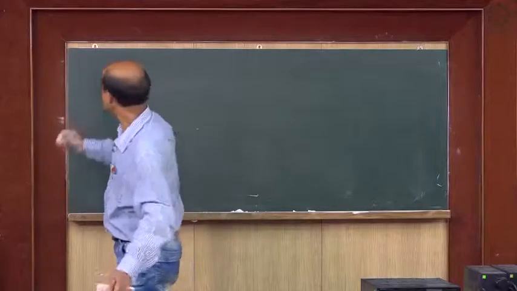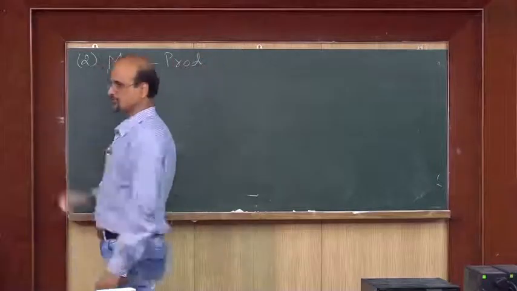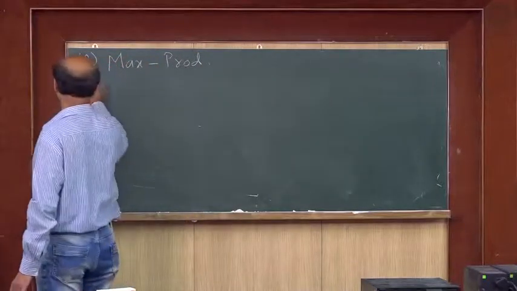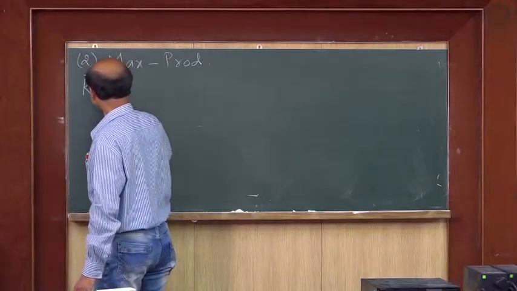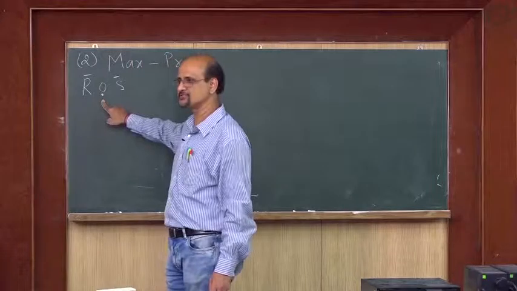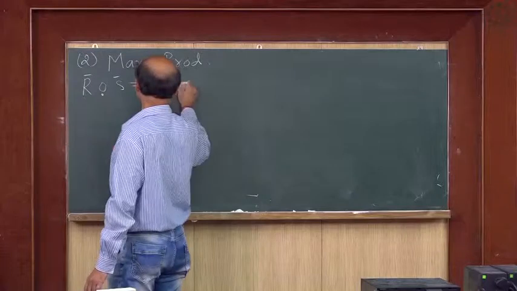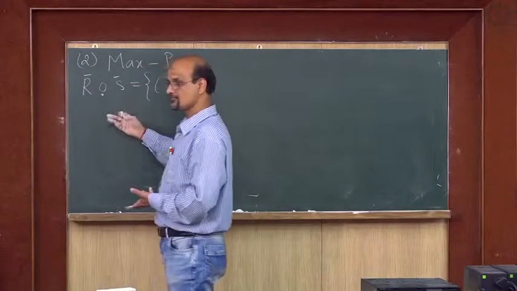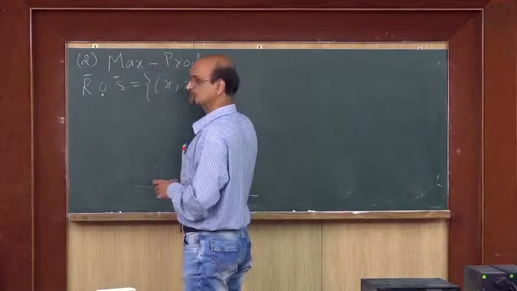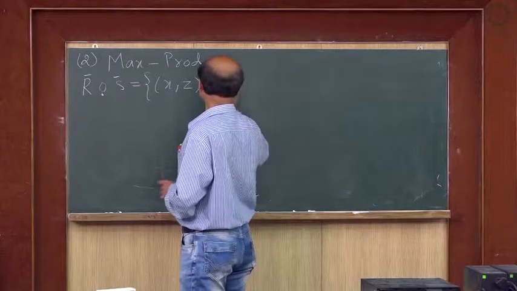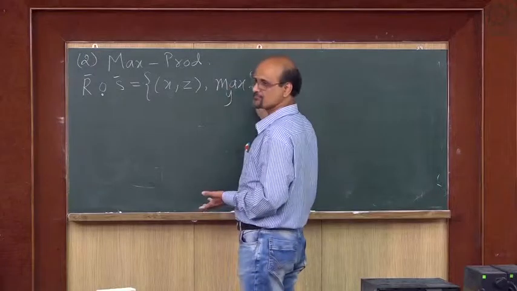So, the second one was max product. Here it is defined as R bar dot S bar, and because it is product, I am writing a dot below to distinguish. Okay? It is equal to xz, because after composition it will be from x to z, and max product. So, we will take max on y and then the product of the membership functions.